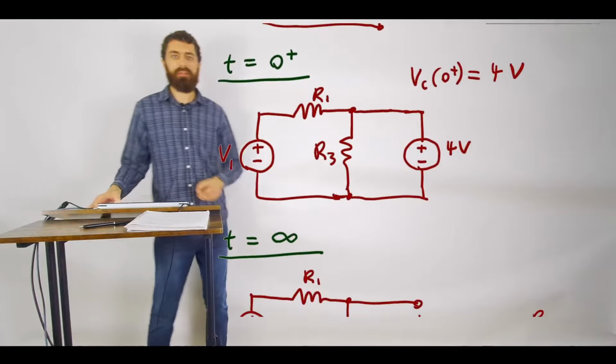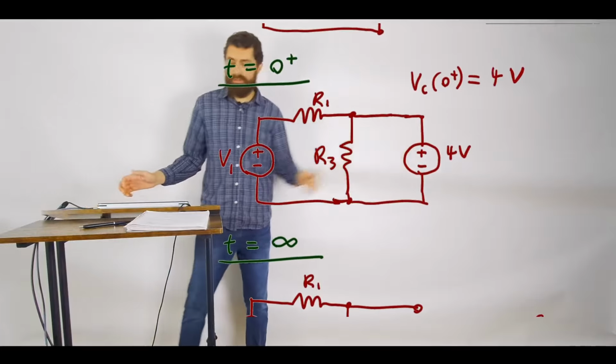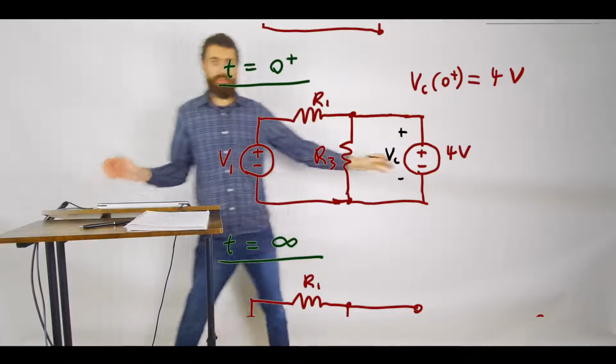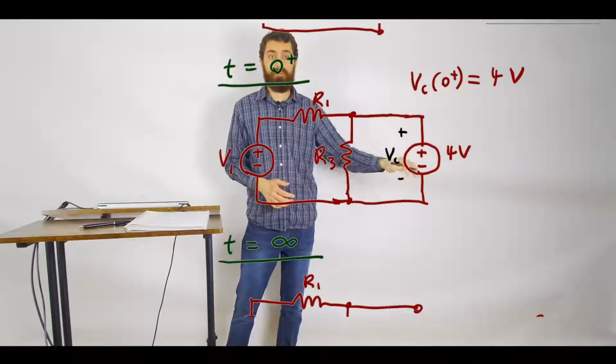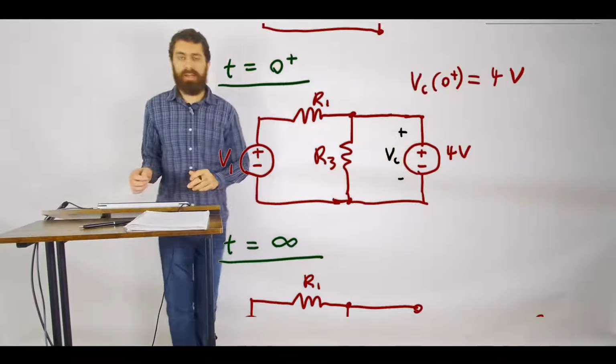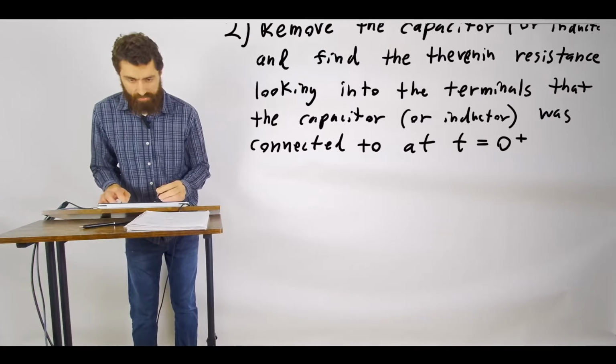So let's go back then to this circuit here. So this is our capacitor. So what we want to do is we want to remove the capacitor, take it out. So let's go ahead and do that.